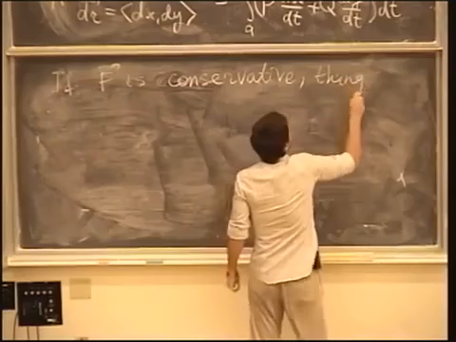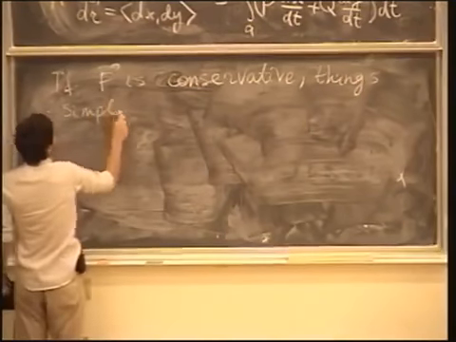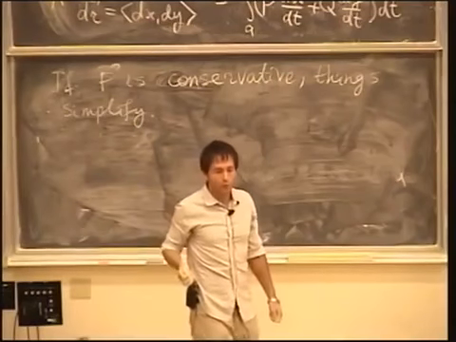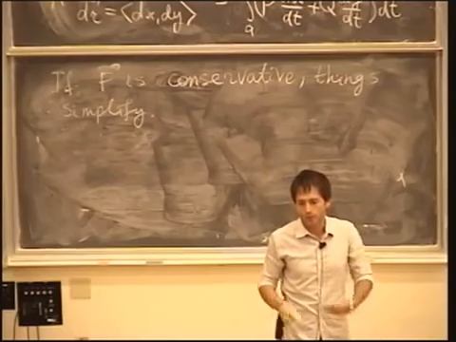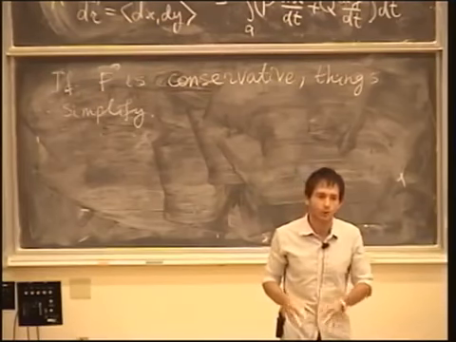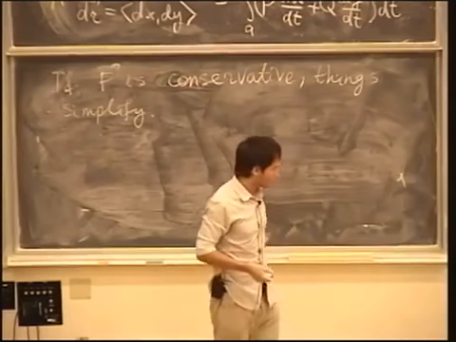Let's just put it this way. Things simplify a lot. So of course then the next question is, how do we find out if a given vector field is conservative or not? Because if it is conservative, we can apply this and we have all these nice properties. And if it's not, then we have to use other methods. So this now is really the question.